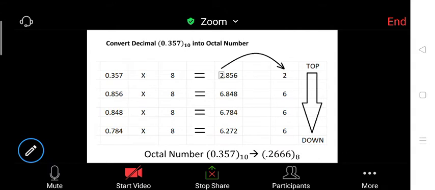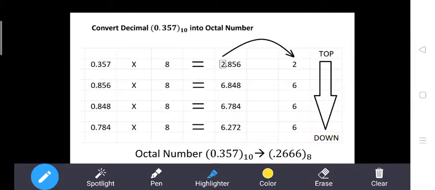Next part, I want to convert 0.357 into octal. So to convert into octal, I write 0.357 here. Multiply this 0.357 by 8. While converting floating decimal to floating binary, I multiplied the floating decimal number by 2.